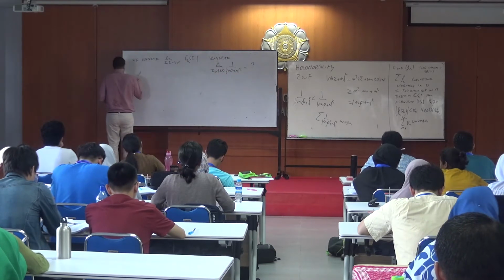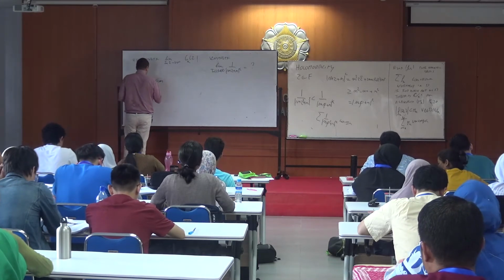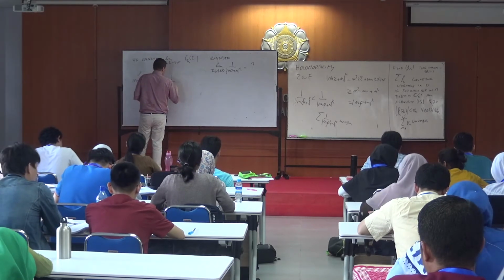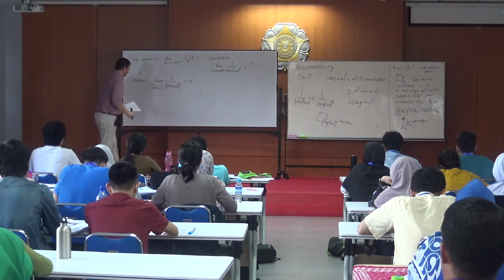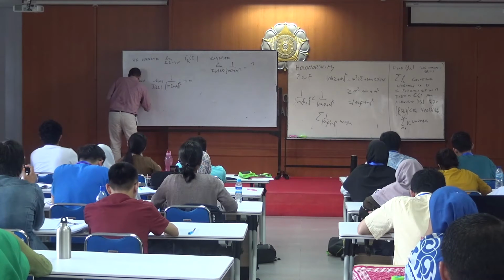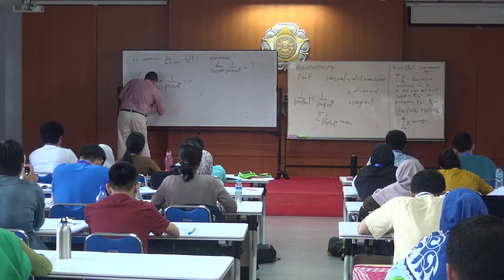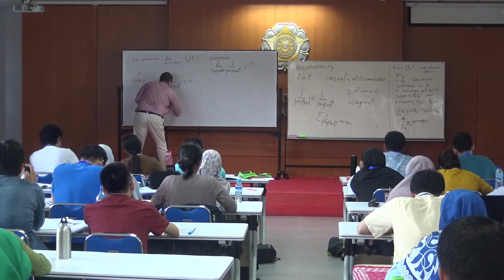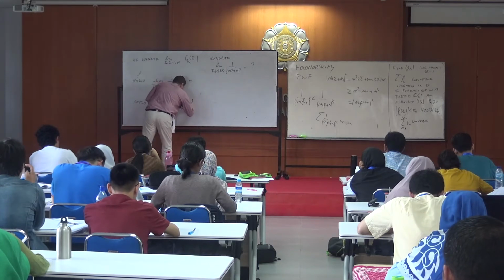If m is different from 0, that limit goes to 0. While if m is equal to 0, you get what? The limit is just 1 over n to the k.